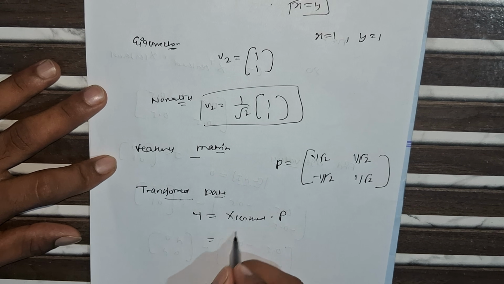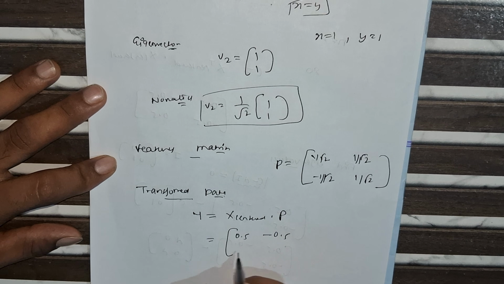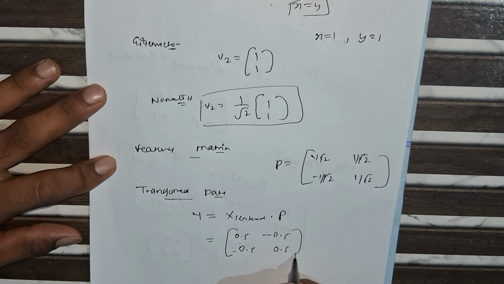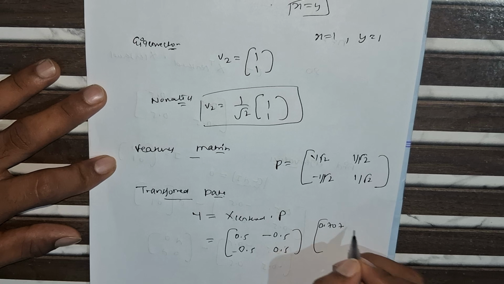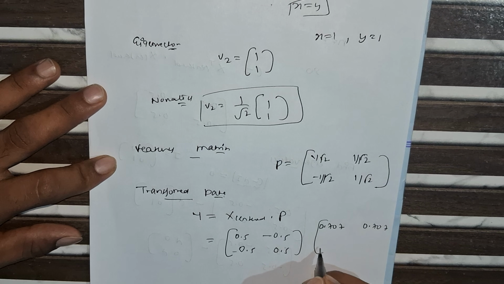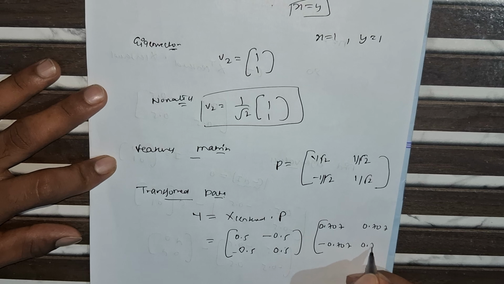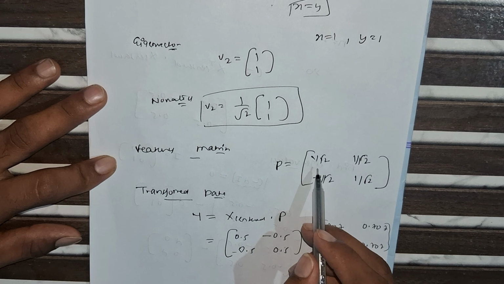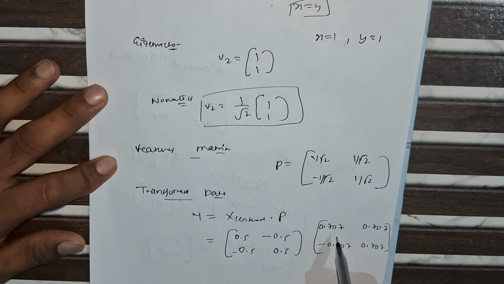So when you multiply it, this is our 0.5, minus 0.5, 0.5, this is minus, and 0.5, and our P matrix is 0.707, 0.707, minus 0.707 and 0.707. How do we get this value? Just divide 1 by root 2. After dividing you will get this value.